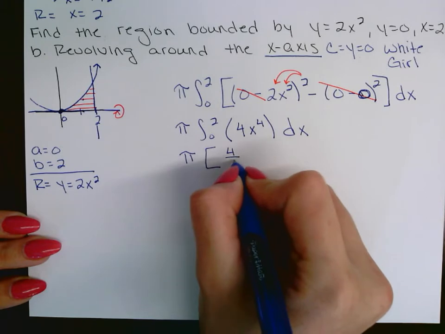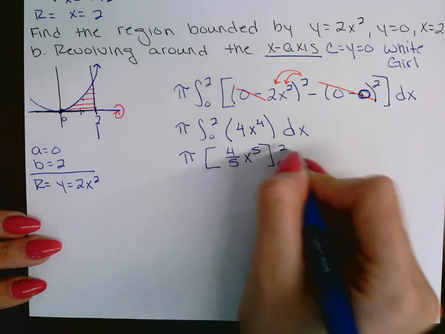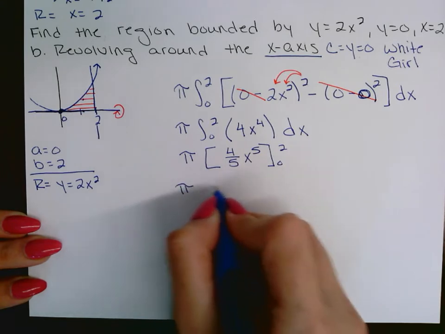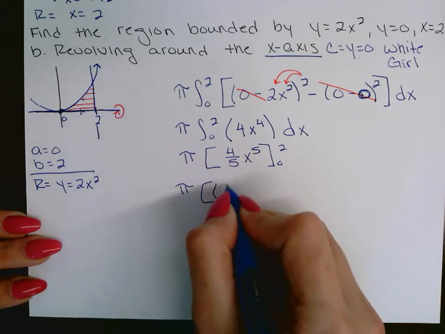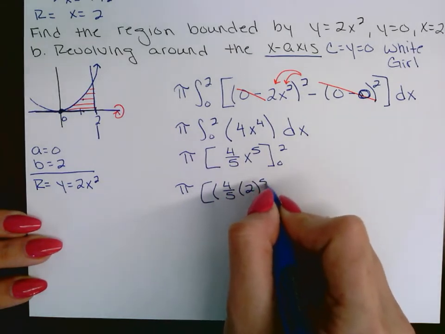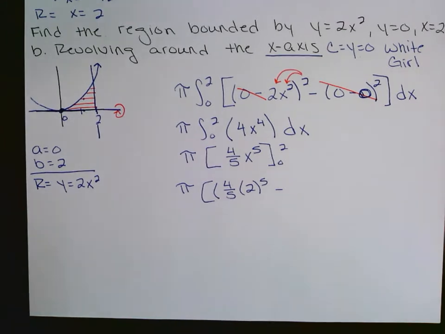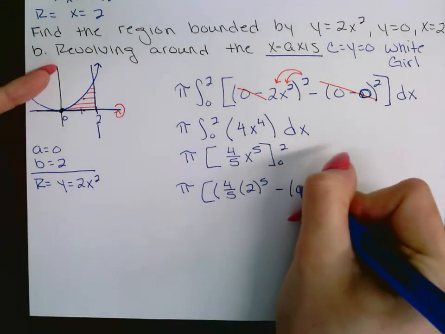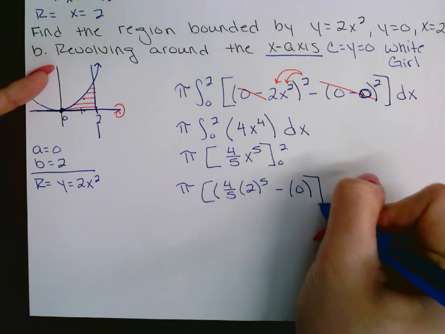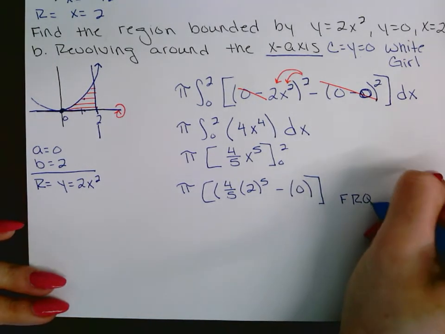Antiderivative, from 0 to 2. And then the function at b minus my function at a. And again, that's your end for an F, R, Q.